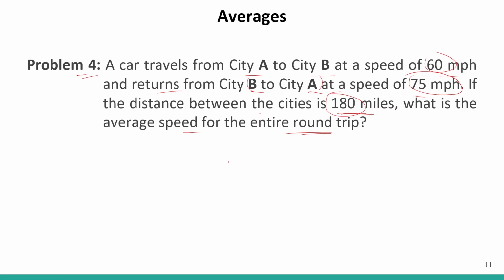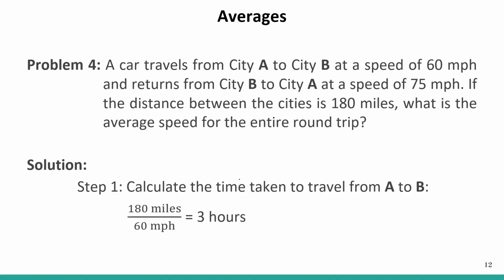So for average speed, let's find the time taken to travel from A to B. He's going from A to B. The time he takes is equal to distance by speed, that is 180 by 60. Since they are in miles per hour, we can directly divide and get the time in hours. So it takes 3 hours. Returning at 75, 180 by 75, right?